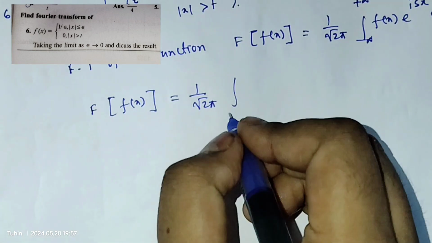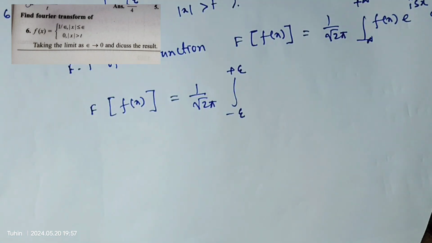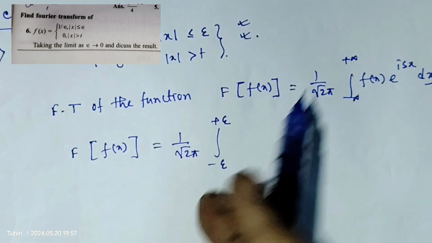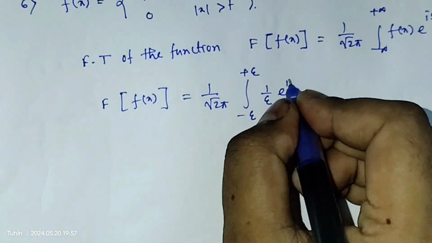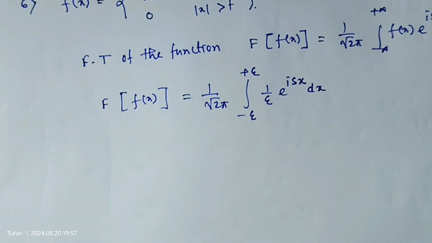Then I put in the value given, 1 by epsilon, and e to the power i s x dx. I have done nothing here, just substituted the values.